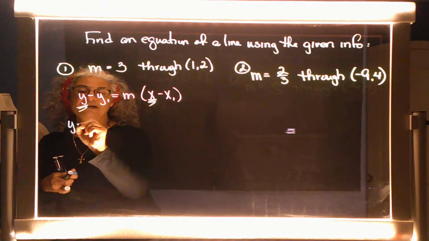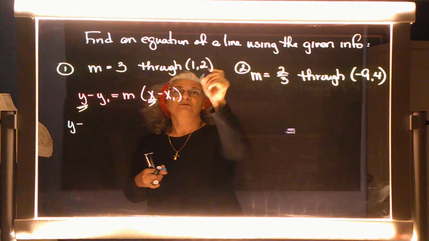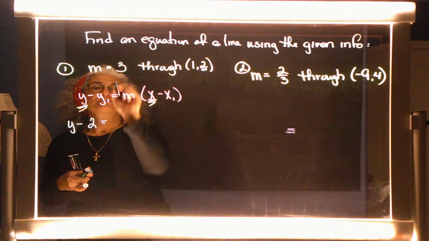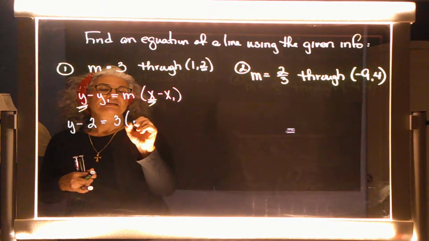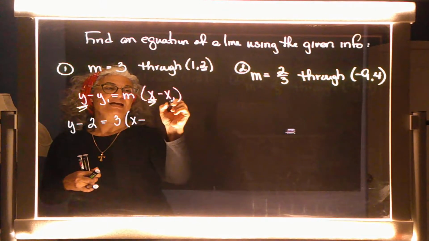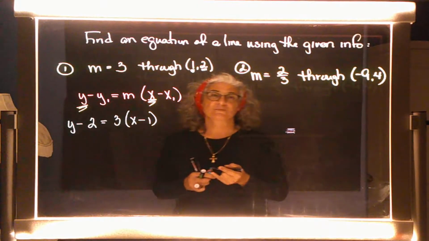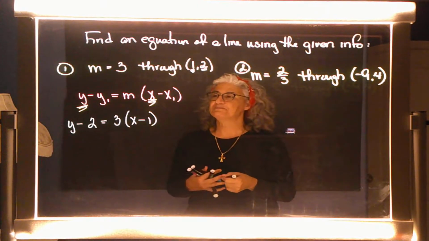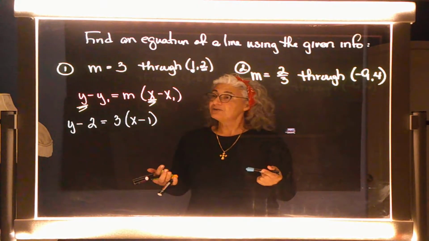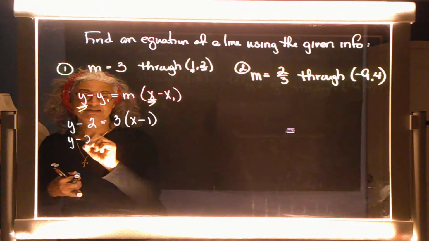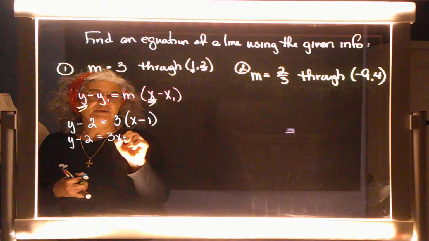I have y minus y1, well that would be 2, equals m, well my m is 3, times the quantity of x minus x1. Well that's that number 1. Good? Okay. And now let's go simplify this thing. y minus 2 equals 3x minus 3.